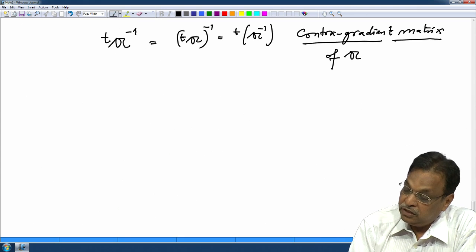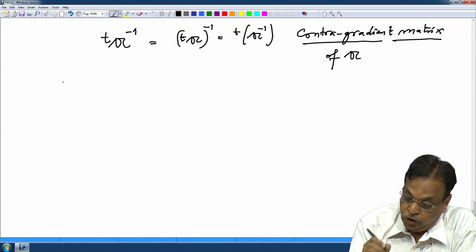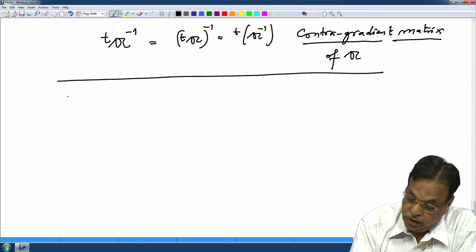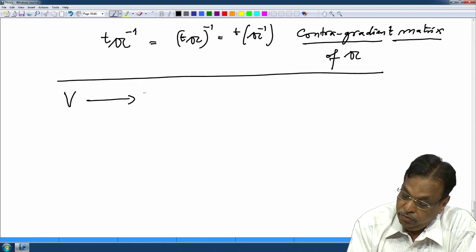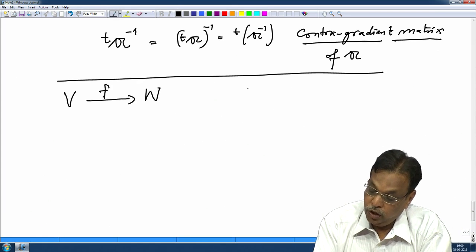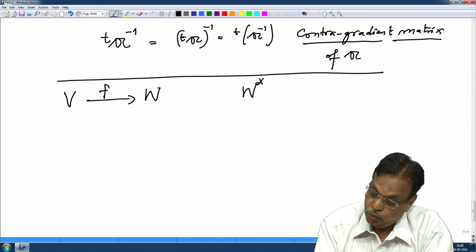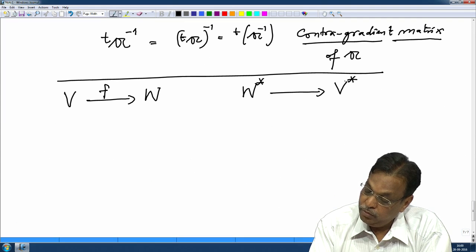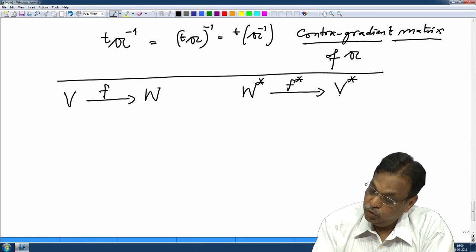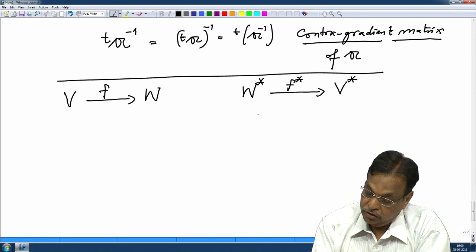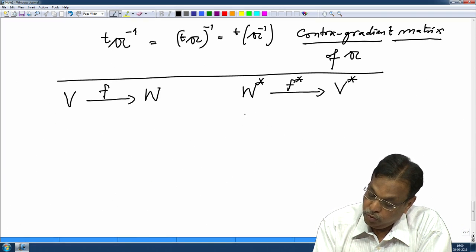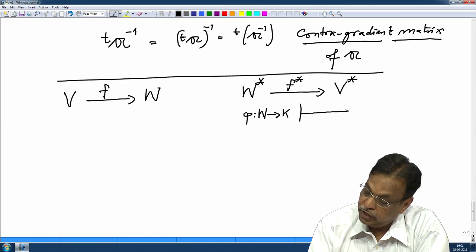Okay, now the next problem I want to analyze is the following. If you have a linear map F from V to W, then we know the dual map F star from W star to V star. Recall how we defined the dual map. We should know where a linear form phi on W, that is a K linear map from W to K, gets associated under F star.